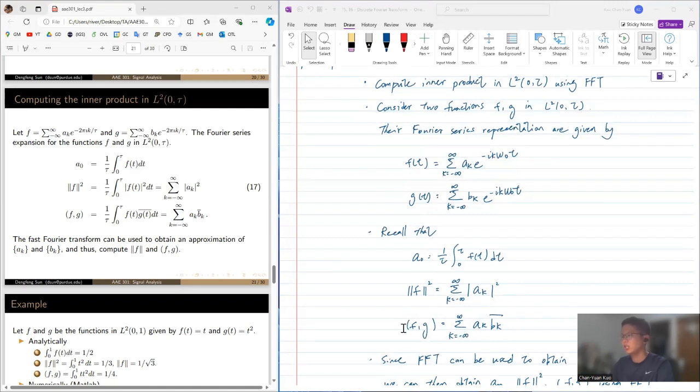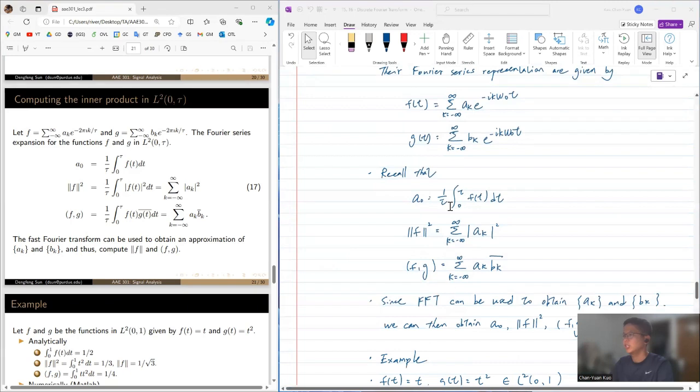And last, we have the inner product of f and g, and this is going to be equal to the summation of a_k times the complex conjugate of b_k, and k is from negative infinity to positive infinity. And we see that to compute these values, we would have to obtain the coefficients a_k and b_k. And because we also know that FFT can be used to obtain the coefficients a_k and b_k, this means that we can obtain these values using FFT.